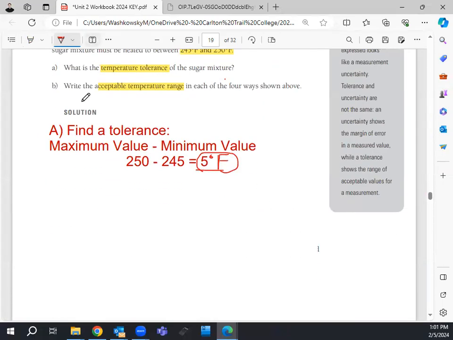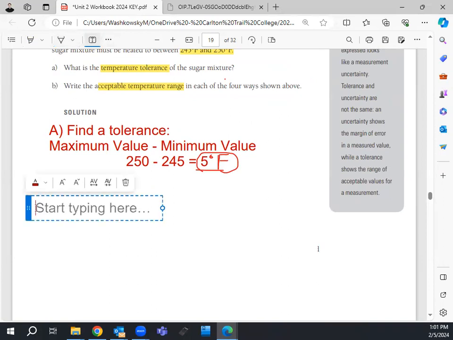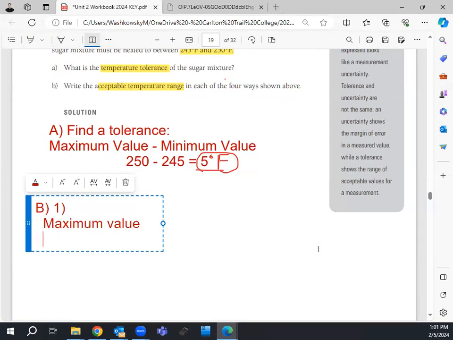So let's do B. We're going to do 1. So basically, we're just going to write the maximum value and then the minimum value right below it.